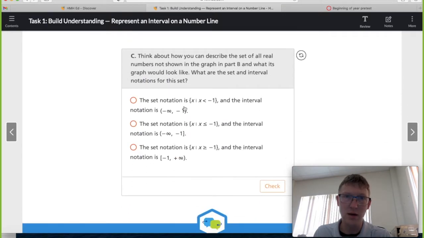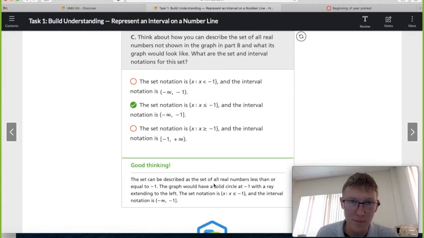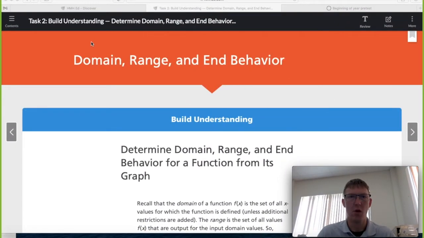So -1 to infinity, or -infinity to -1. It would include -1, and it's -infinity. We'll go with that one. Yay!